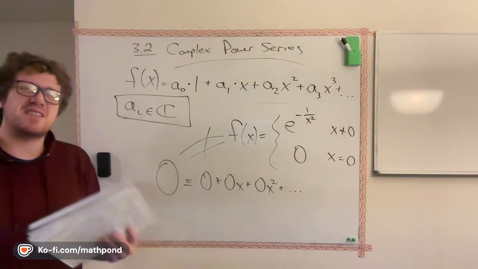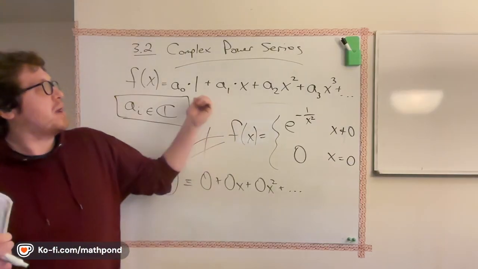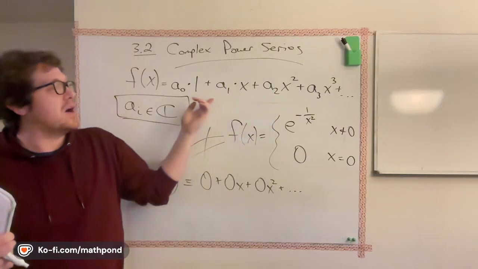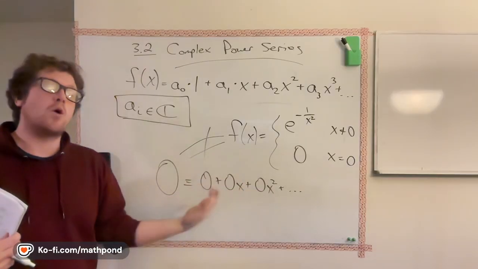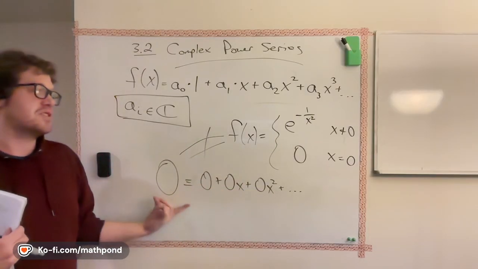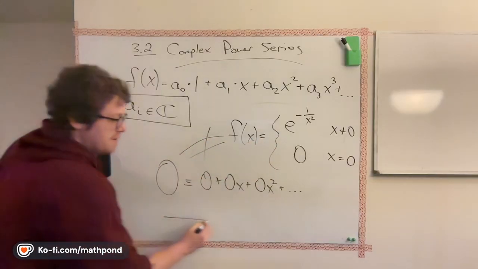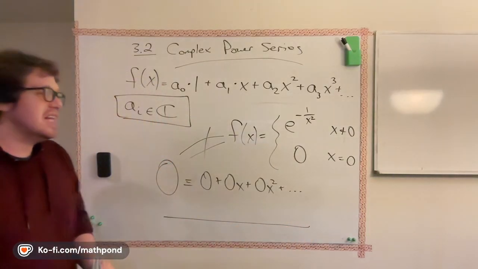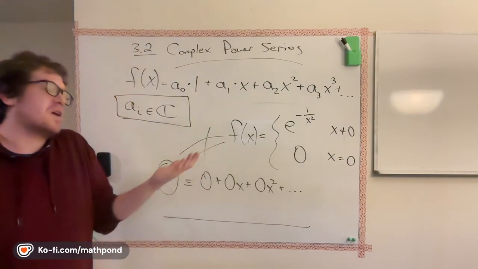In the real case, it seems like it would be nice if for every function we could expand it at some point, get a Taylor series, and it actually equaled the Taylor series in some open neighborhood of that point. But in this case, there's no open neighborhood where it's equal to this function. It's just 0 everywhere, and there's something weird going on in the real case.